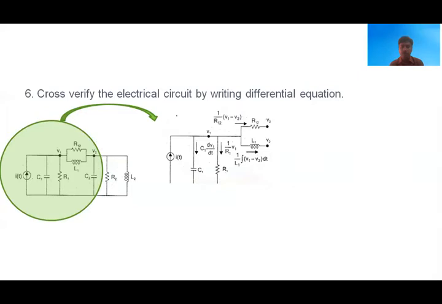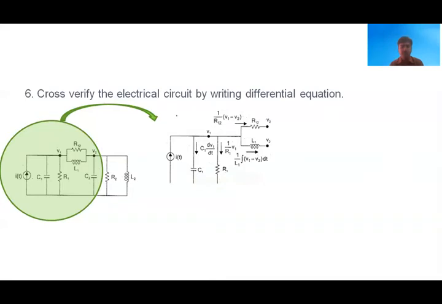Here V1 minus V2 is written because the current direction is from V1 to V2. Therefore, the differential voltage takes place across the R12 resistor. Similarly, the current passing through inductor L1 is 1 by L1 integral V1 minus V2 dt.